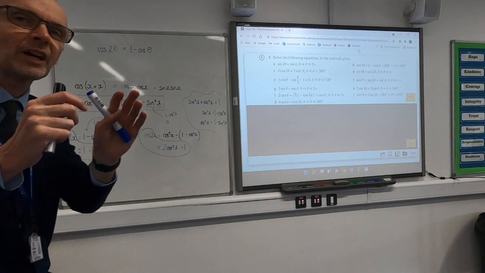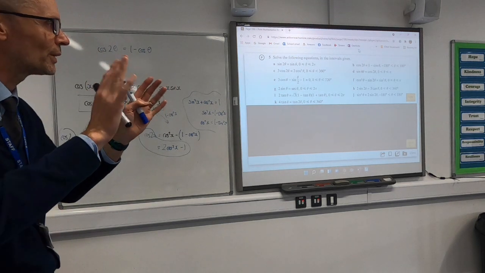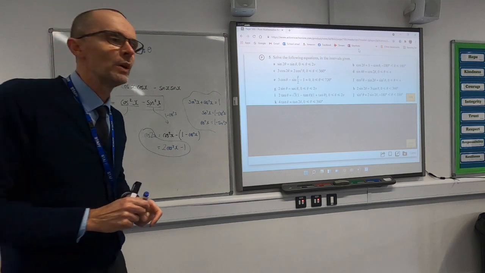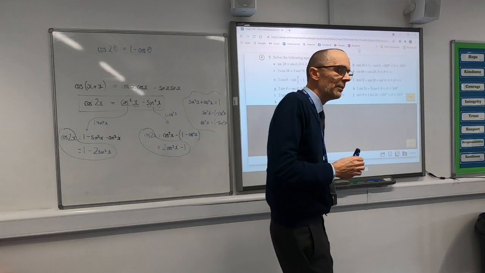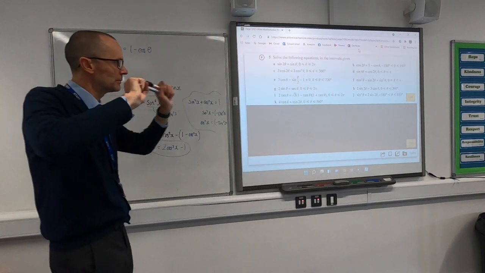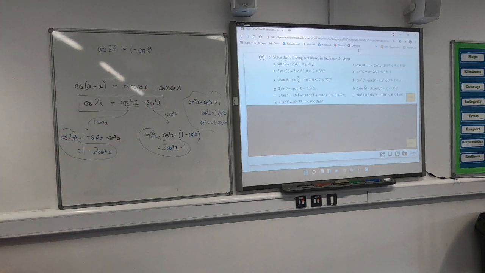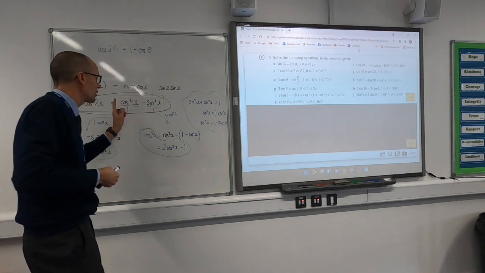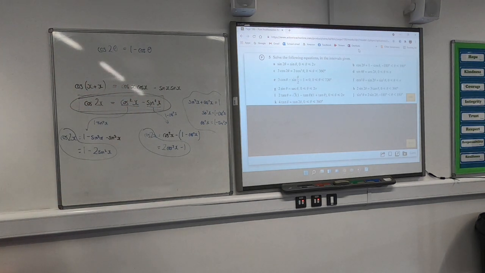So there's no mention of that a plus b in brackets or a minus b. It's not like the ones we did at the beginning of the lesson, but there is a cos 2 theta in there, which should set big warning bells going. Cos 2 theta is something I've got identities for. I've got 3 ways of writing it. I've got this way, which involves cos and sine. Never very useful.